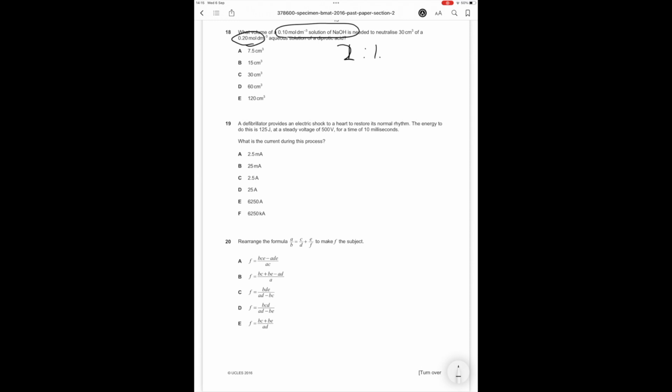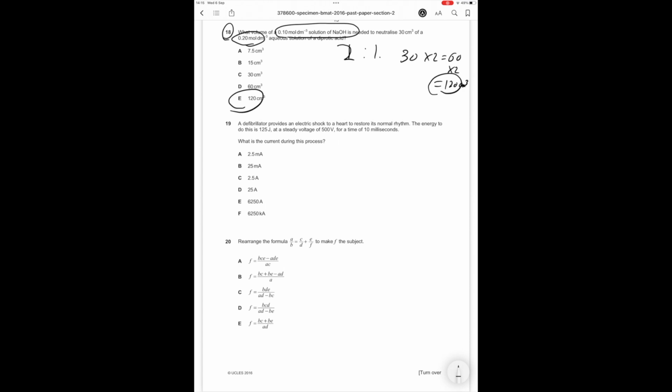So we're going to need to account for this as well. So what we can say is 30 times 2 is equal to 60. That accounts for the fact it's a diprotic acid. And now we need to account for the fact that NaOH is half as concentrated as the diprotic acid. So we need to do 60 times 2, which is equal to 120 cm cubed, which is answer option E.